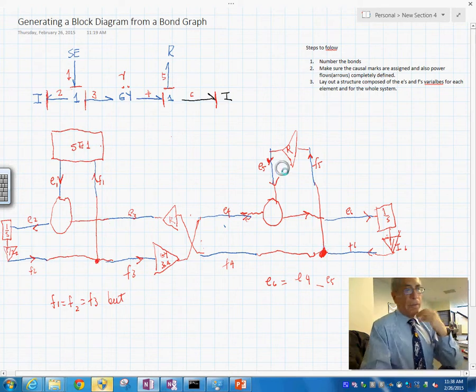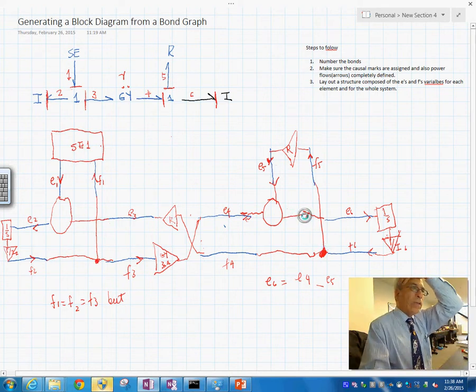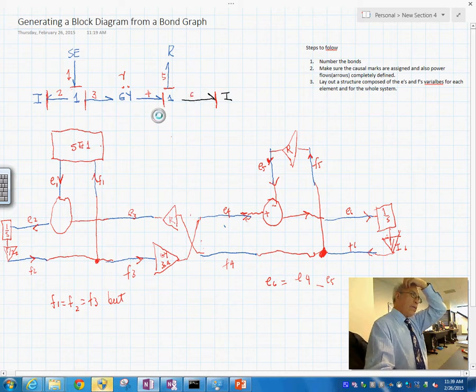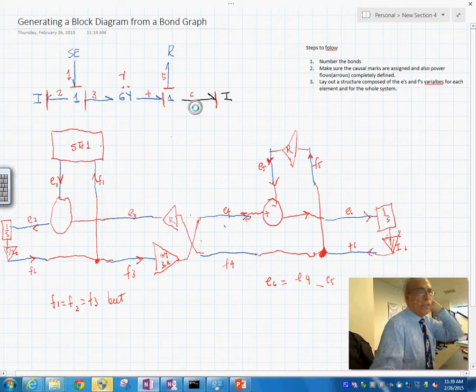Okay, so this is the output. So E sub 6 is E sub 4 minus E sub 5. So this is a plus, this is a minus. We look at that summation from the arrows here. So it's E sub 4 minus E sub 5 is E sub 6.